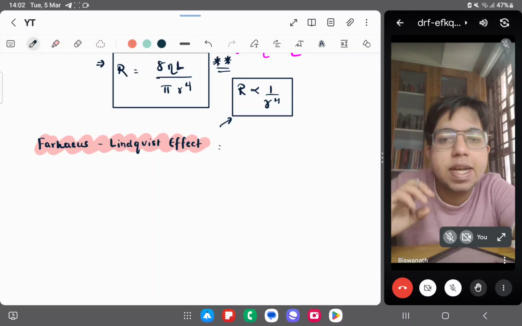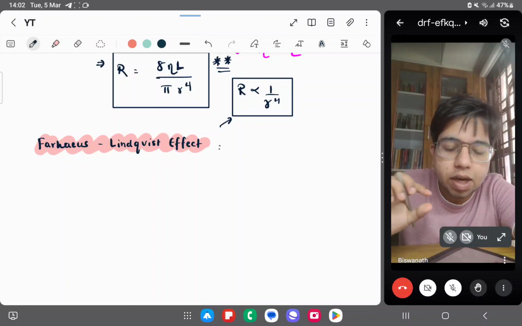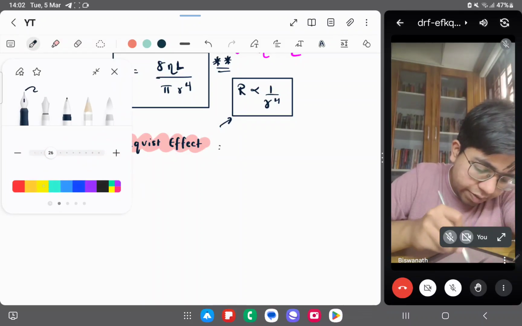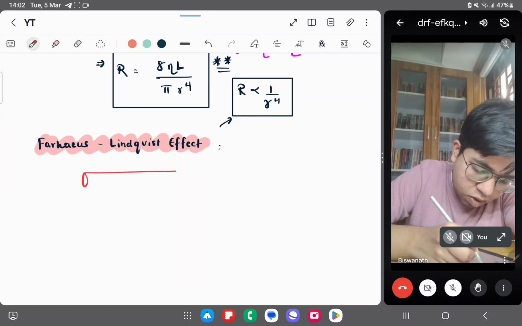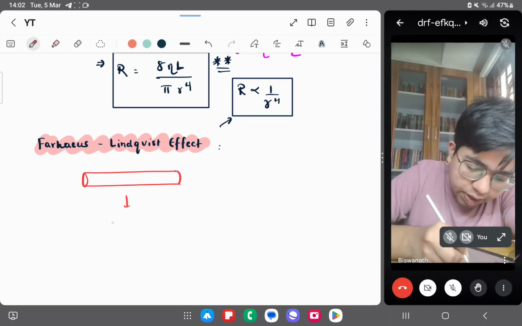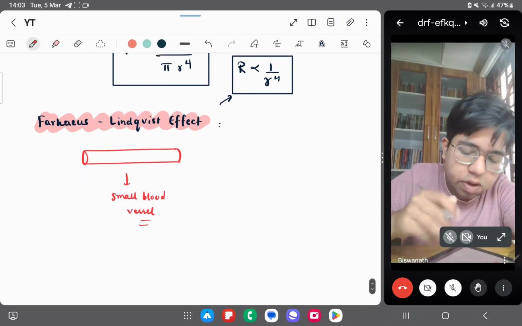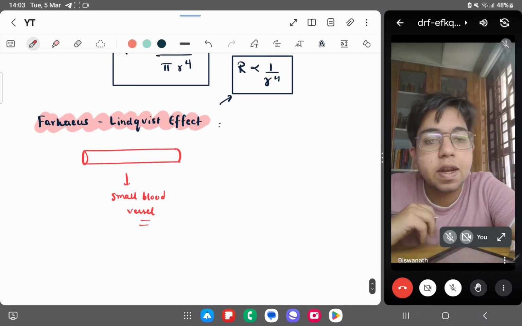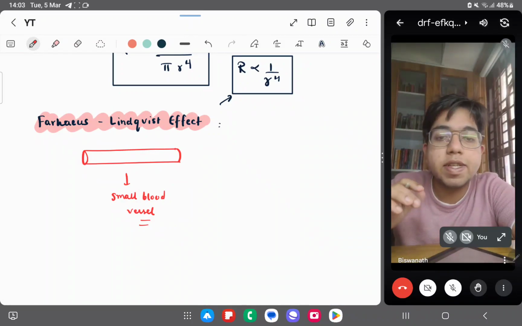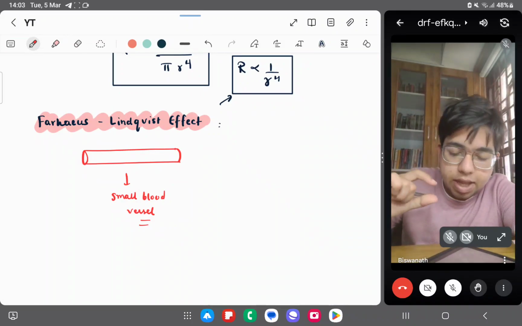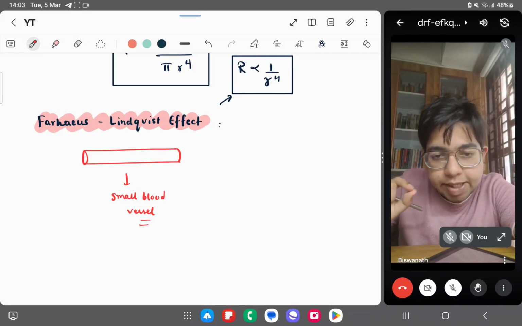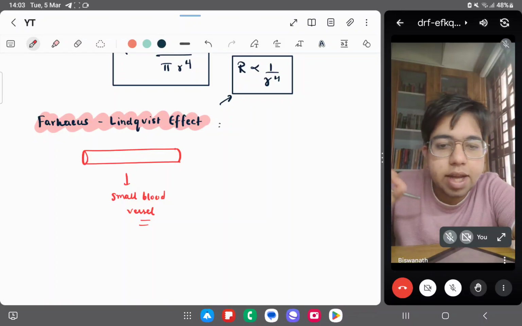What happens is that in a small blood vessel, assume this is a small blood vessel, there is movement of the RBCs to the center of the tube rather than to the periphery.